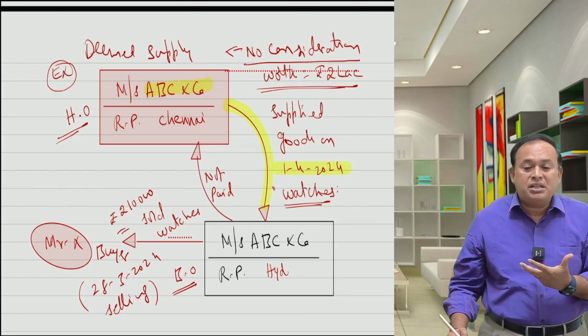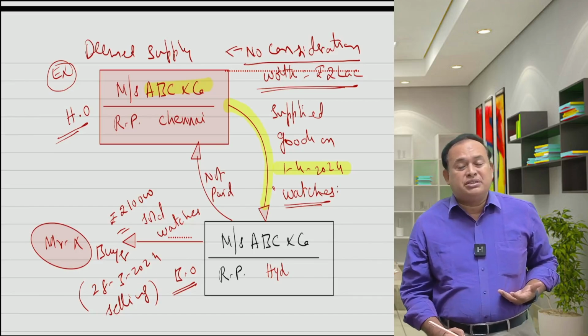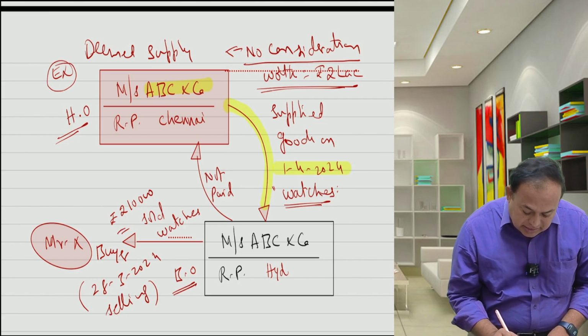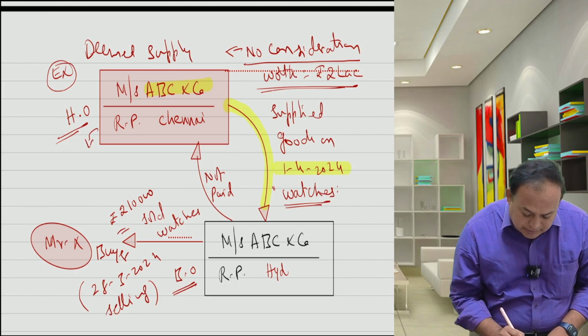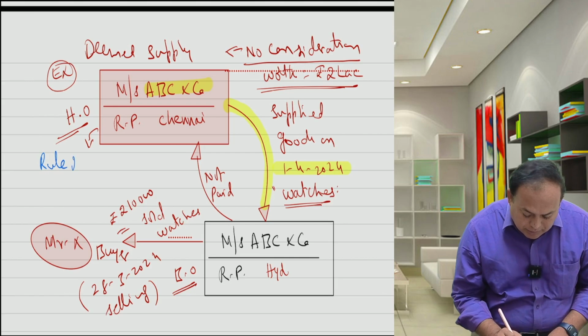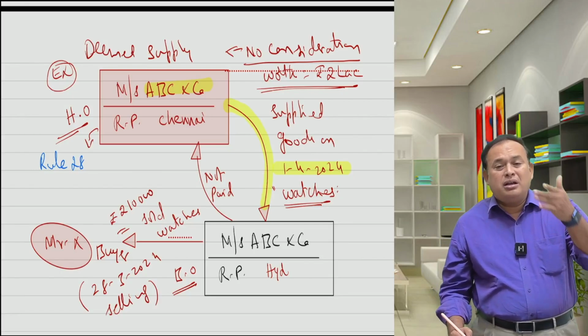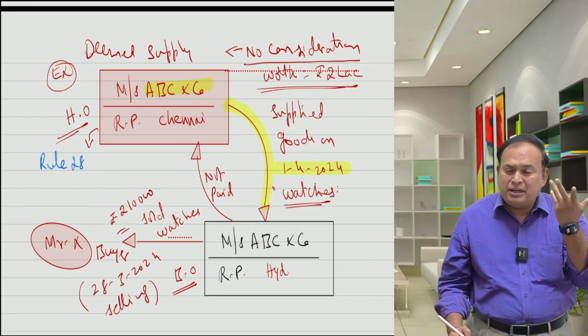Now the point here is, for a deemed supply by ABC Limited Chennai, what is the value? In the given case, the law of the land says valuation is under rule number 28. You can go by open market value or the like kind and quality, rule number 30 or 31.